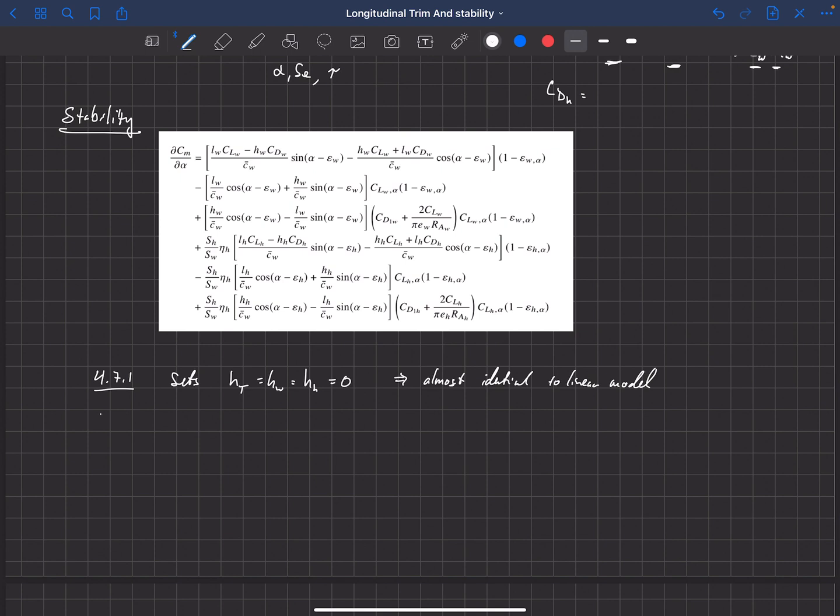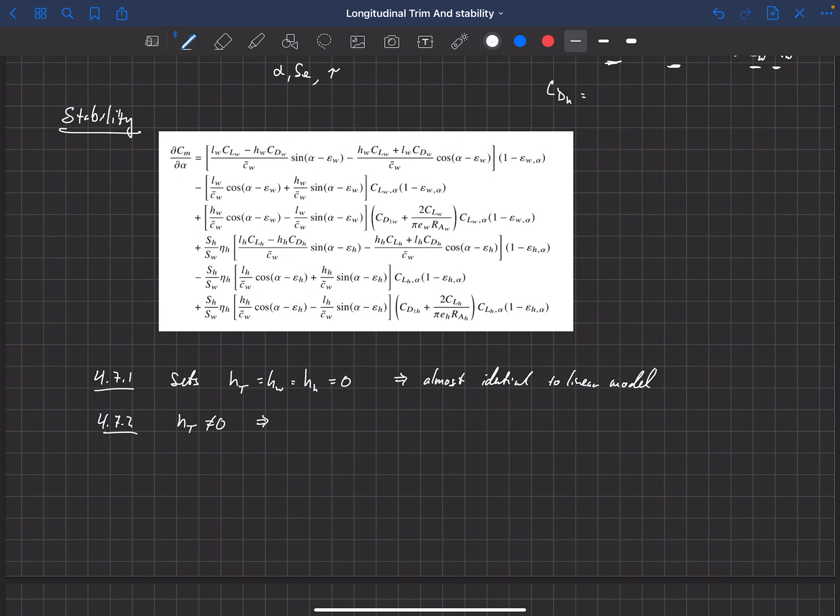And then 4.7.2, what he does is just say that H_T is not equal to 0. So he moves the thrust vector up. He leaves the center of gravity and the main wing and the horizontal all aligned there on the fuselage reference line, but then just moves our thrust up. And shows that if we do that, alpha really doesn't change.